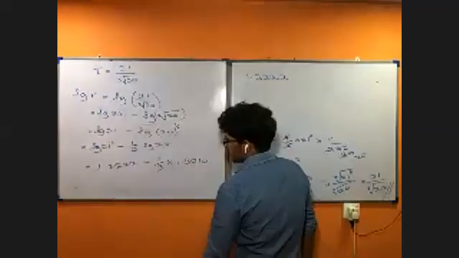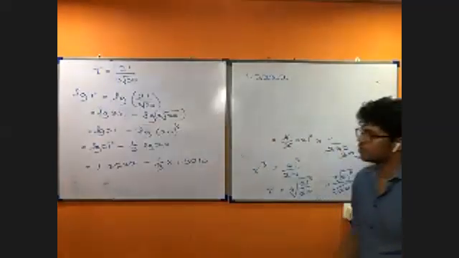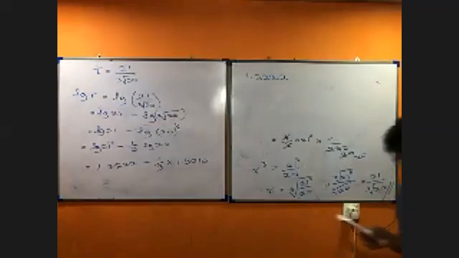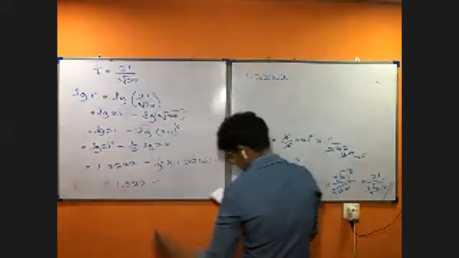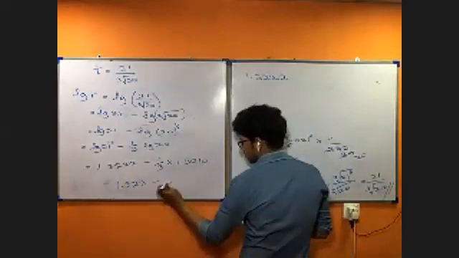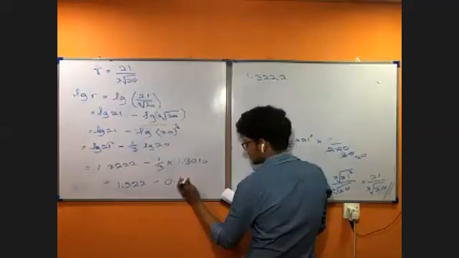So now you can do the simplification. This is going to be 1.3222 minus 0.4337.